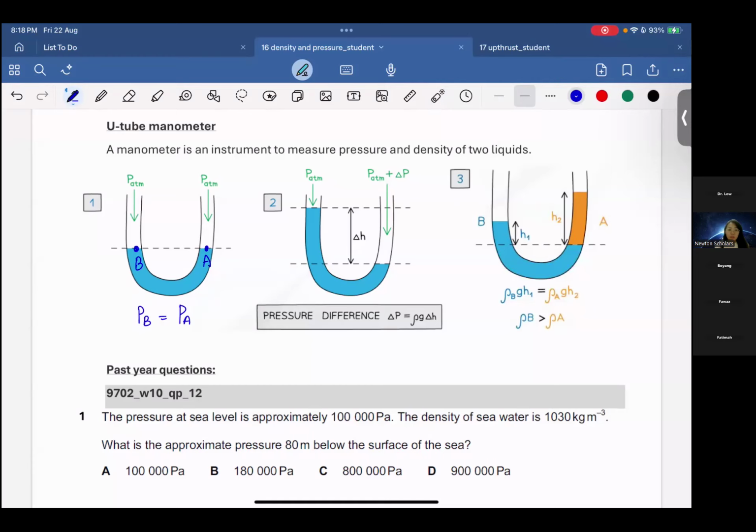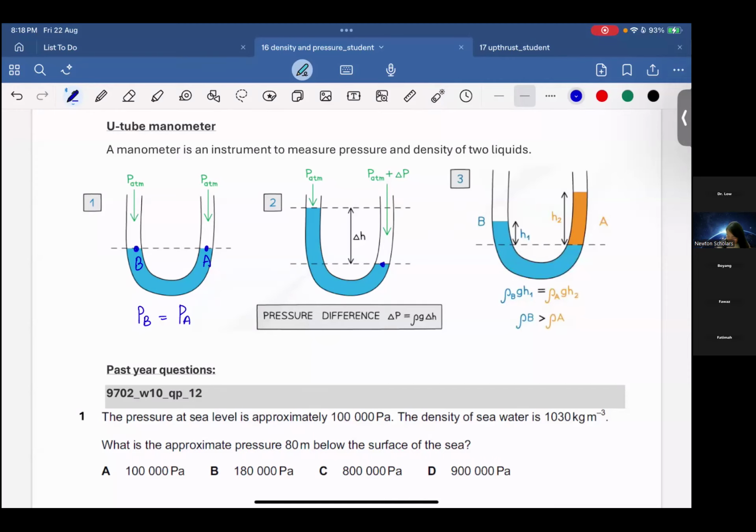So looking overall at the diagram, both arms are exposed to the atmosphere, so they experience the same atmospheric pressure acting on them. Now we look at the second case. You will find that now there is a difference. There is a different height.